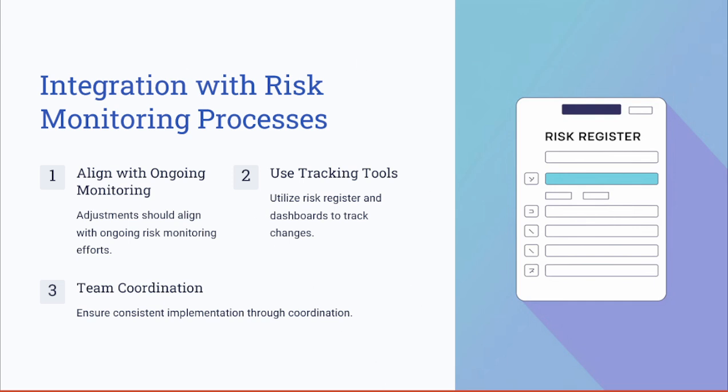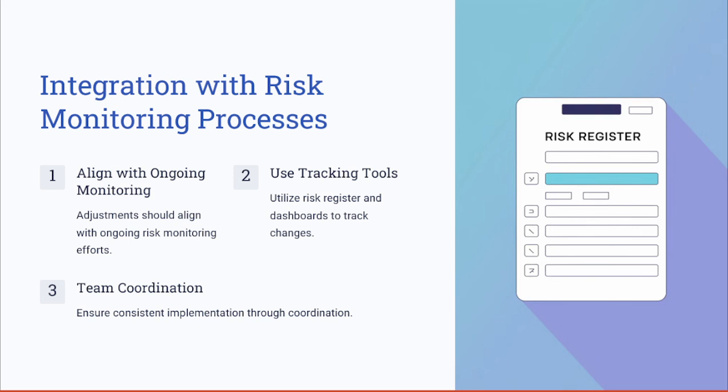Next, let's talk about the integration with the risk monitoring processes. Integrating risk response adjustment with the monitoring processes ensures a seamless and efficient risk management approach. How to integrate that? By ensuring that the adjustments align with the ongoing risk monitoring efforts.